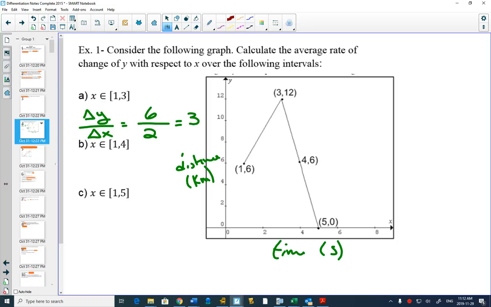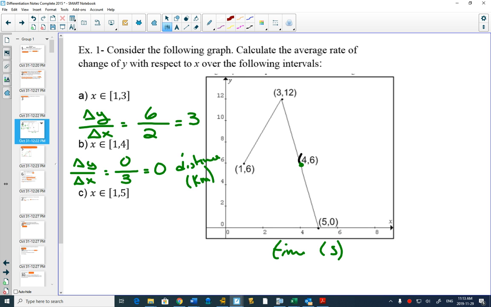But if you would go from 1 to 4, add a bracket here, add a point. Okay, from 1 to 4, change in y over change in x, your x has changed 3 when you go from 1 to 4, but your y hasn't changed at all.